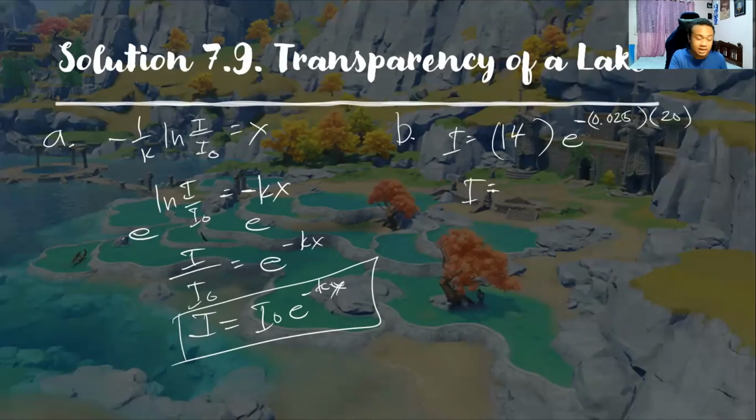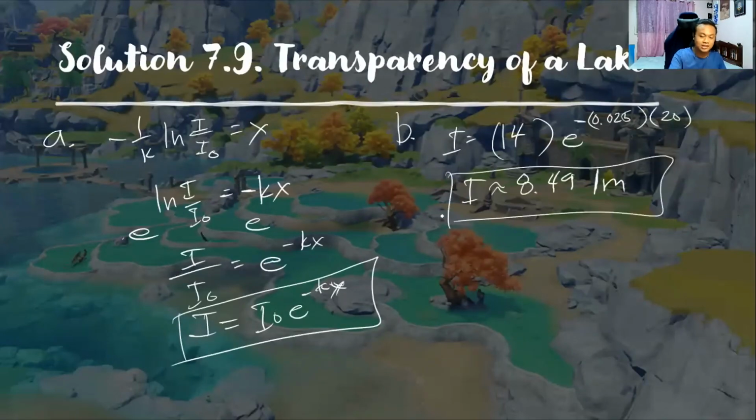So input that in your calculator. You get around 8.49 lumens. Okay, lumens. You should include the units. So about 8.5 lumens at 20 feet. Okay?